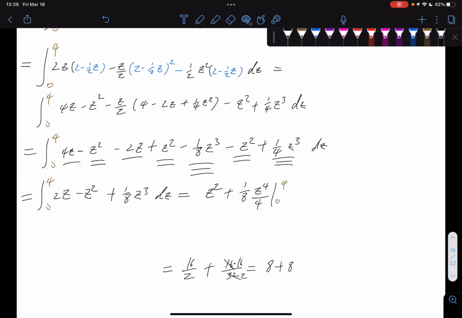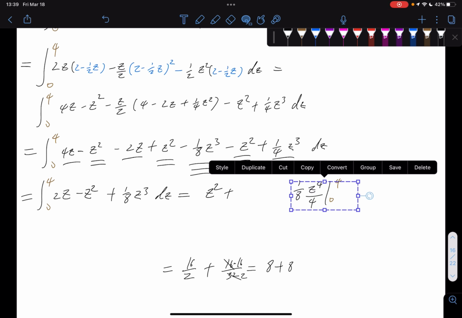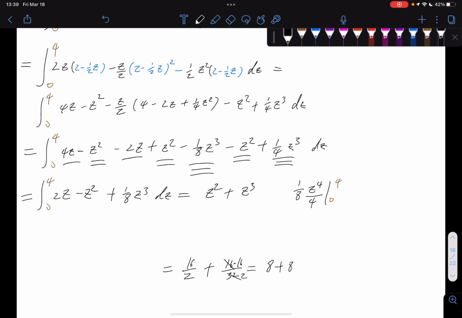So, all right. So that will give us z squared, and then minus z cubed over 3, and 1/8 z to the 4th.